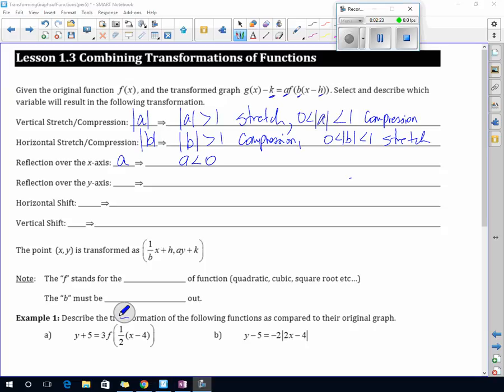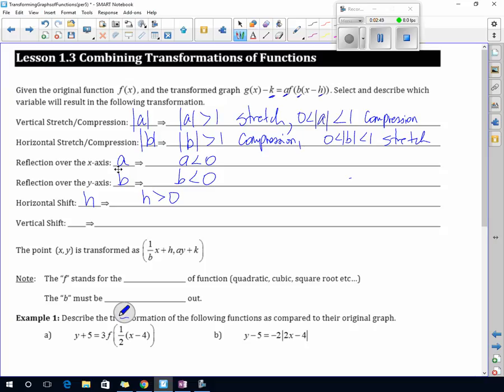Okay, which letter would be the horizontal shift? H. It's inside the brackets, right? It's affecting the x. So when h is greater than 0, watch this. There's a minus in my form already. So if h is positive, it's going which way, left or right? How about right?